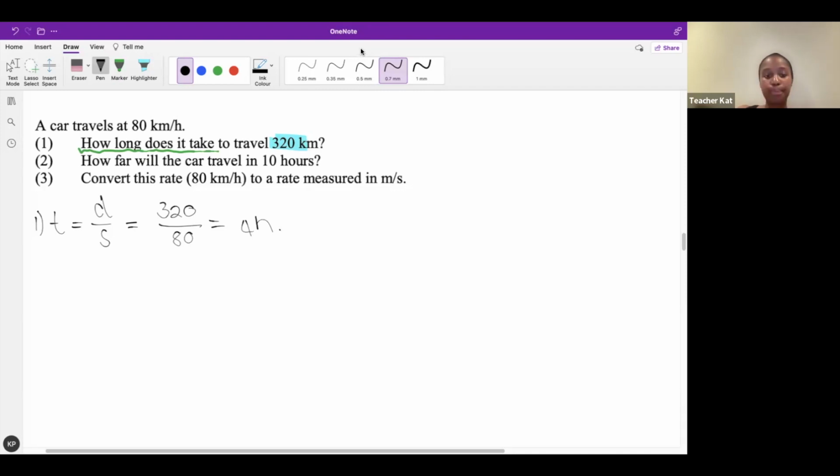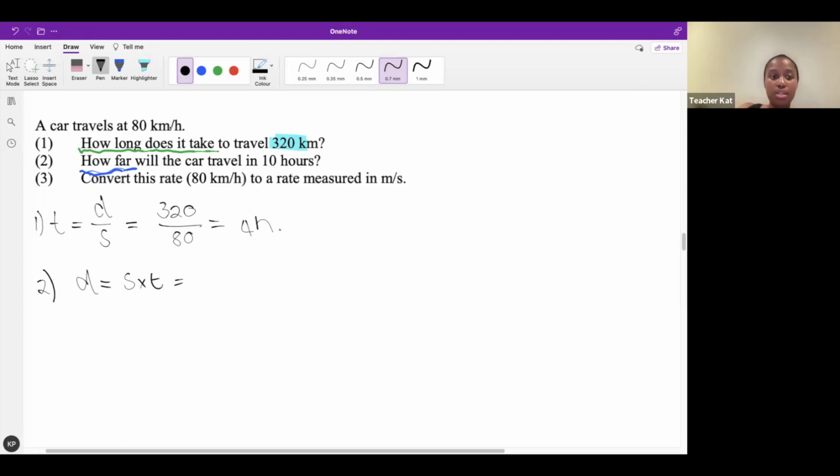Beautiful. That's number 2. How far will the car travel in 10 hours? How far: distance, speed, or time? Distance, and the formula is speed times time.